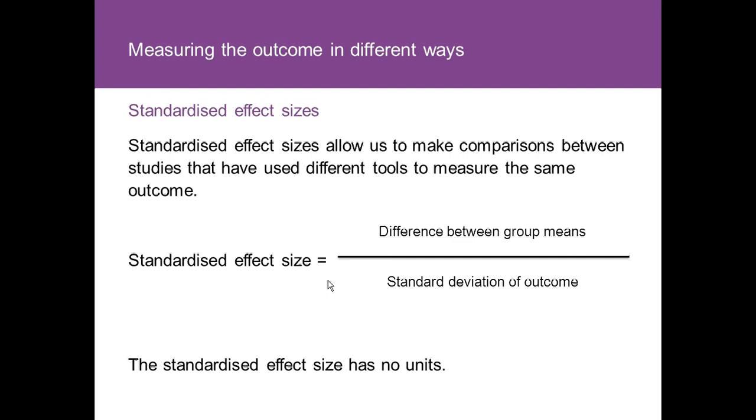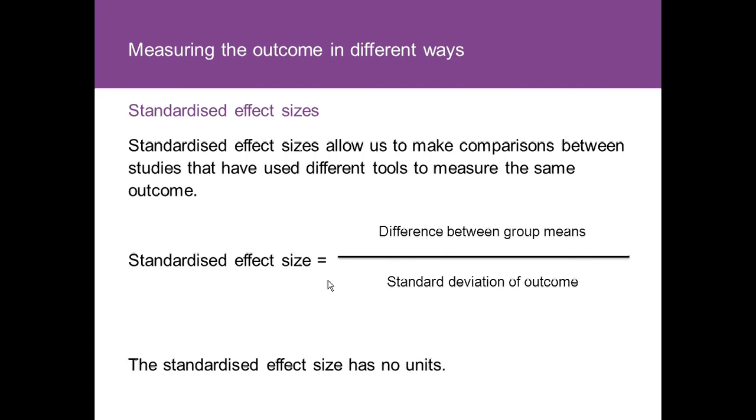One way that we can try and combine the results of these 2 studies is to calculate what is called a standardized effect size. Standardized effect sizes allow us to make comparisons between studies that have used different tools to measure the same outcome. So the formula for a standardized effect size is shown here.